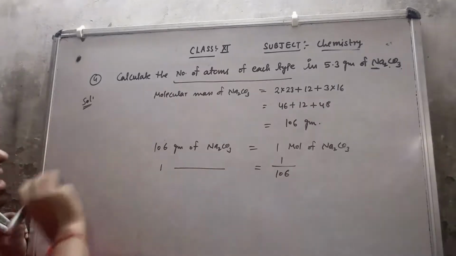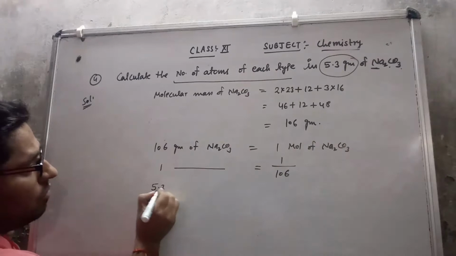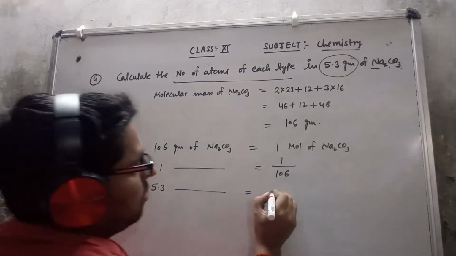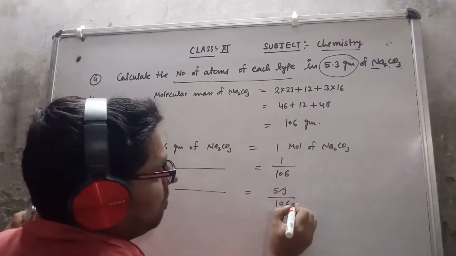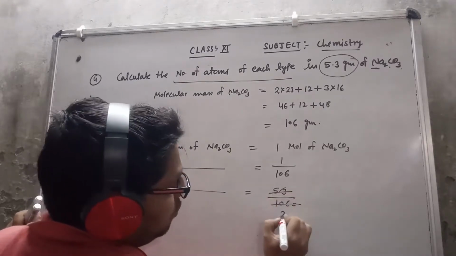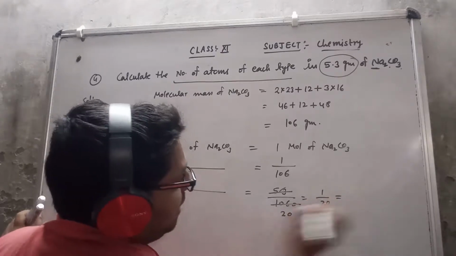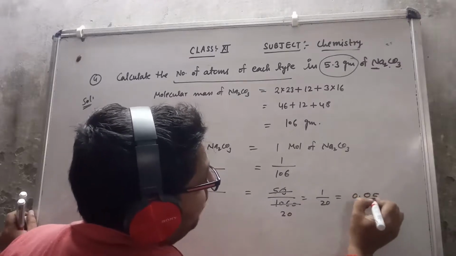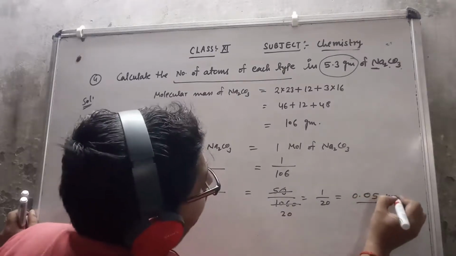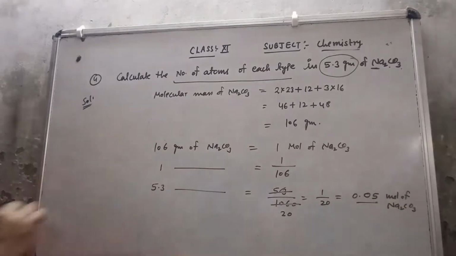In the question they are giving only 5.3 gram. So 5.3 gram of Na2CO3 equals 5.3 upon 106. Removing the decimal point, 53 to the 106, this is 1 upon 20. If you solve it, 0.05 mole of Na2CO3 is available here.